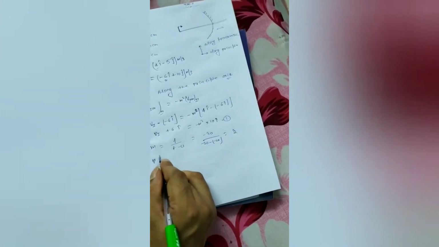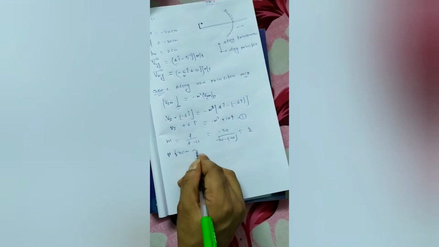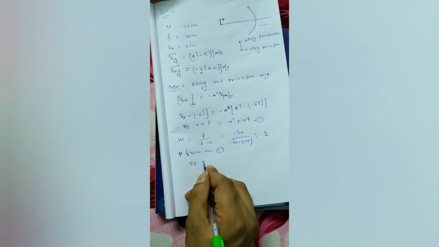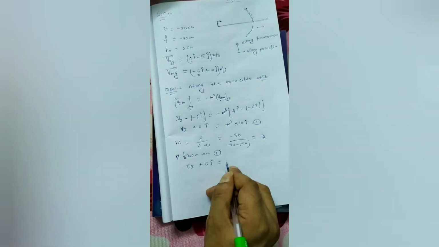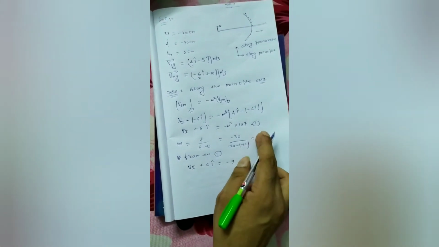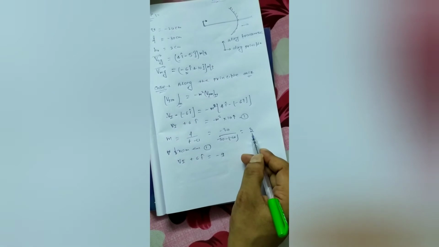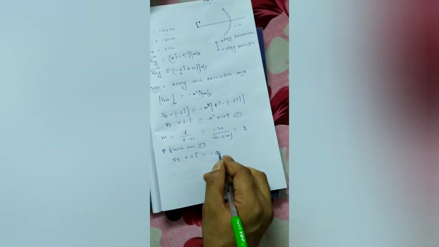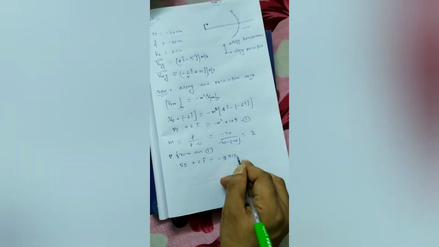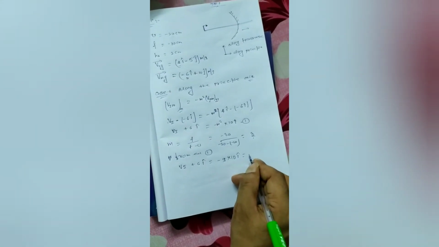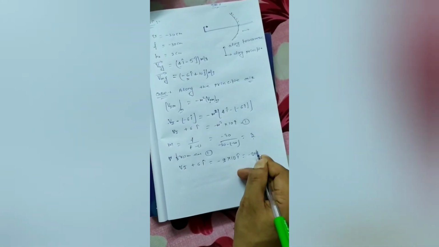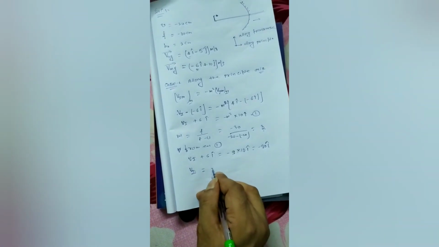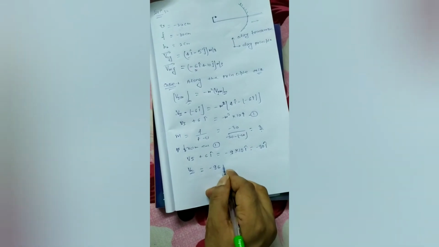From equation first, the velocity of image plus 6 i cap is equal to minus 9 into 10 i cap, because m is 3. So 3 square becomes 9, with the minus already there, into 10 i cap. So this becomes minus 90 i cap. So from here, the velocity of image becomes minus 84 i cap.